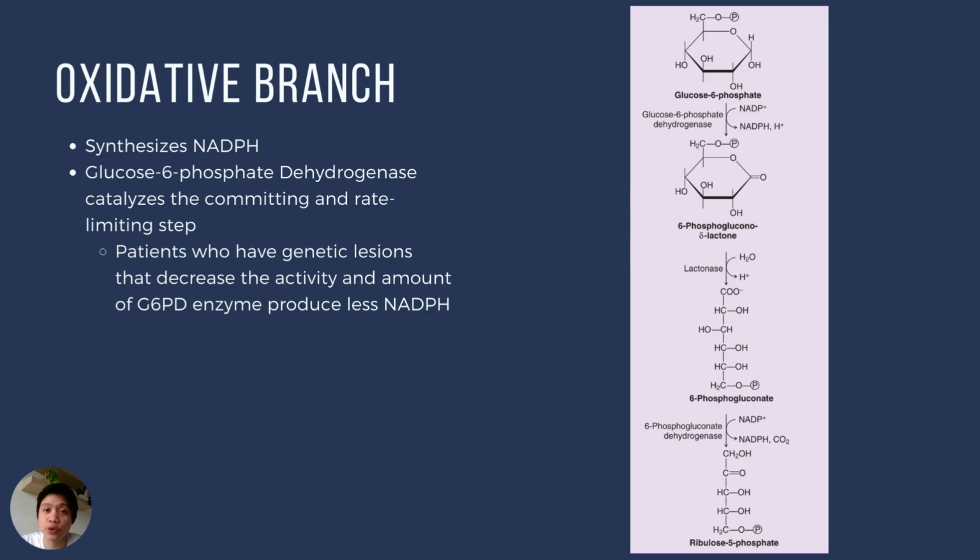Through the action of glucose 6-phosphate dehydrogenase, carbon number 1, which originally holds a secondary alcohol, is oxidized into a ketone. And the product there would be 6-phosphogluconolactone. You will appreciate that at carbon number 1 you have a ketone body.